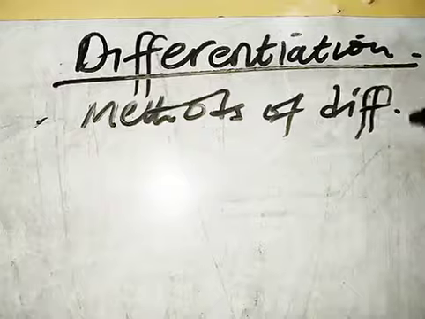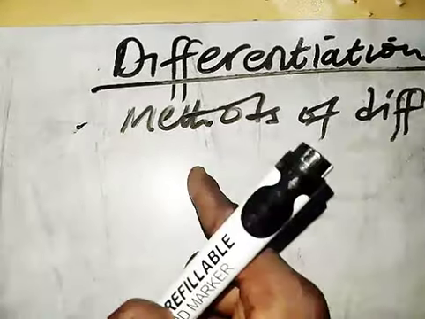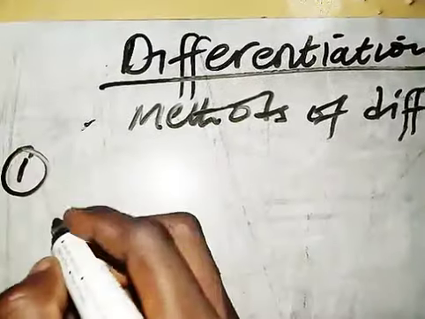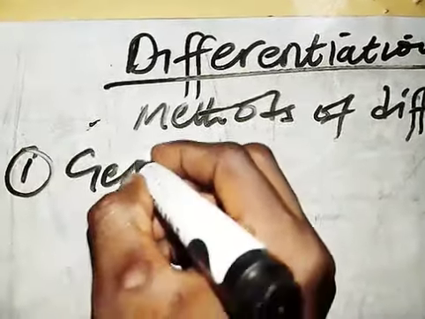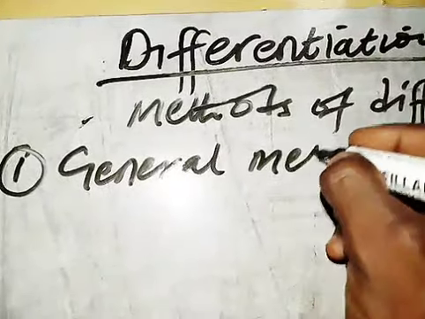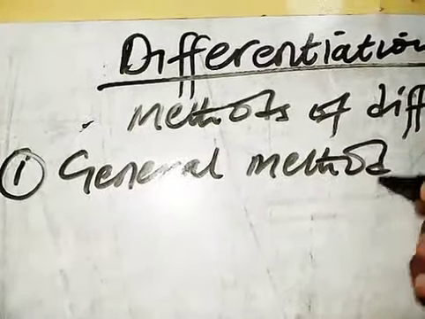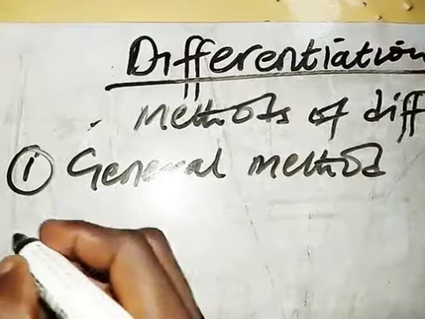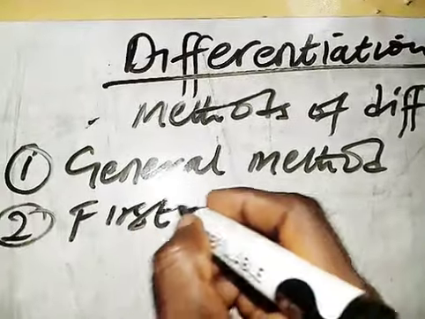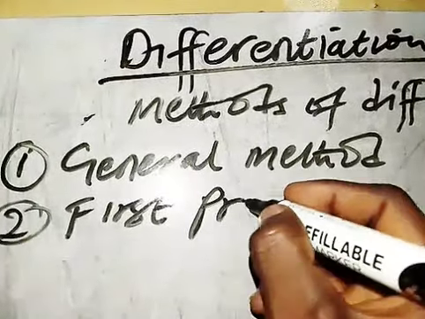We have number one, general method, and we have number 2, phase principle. I will take you one by one after the other.